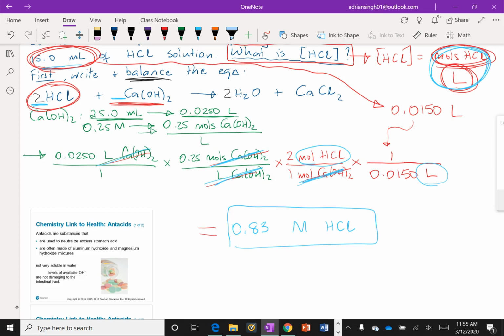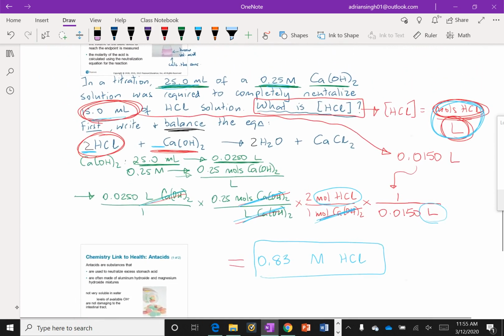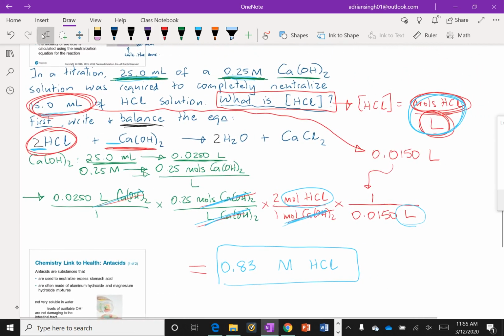So what we've done here is we've combined several concepts in this problem. The first thing is we used what we just learned, the fact that acids and bases react in a neutralization reaction to produce water and a salt, and we balanced that equation, which we've done in the previous couple chapters.